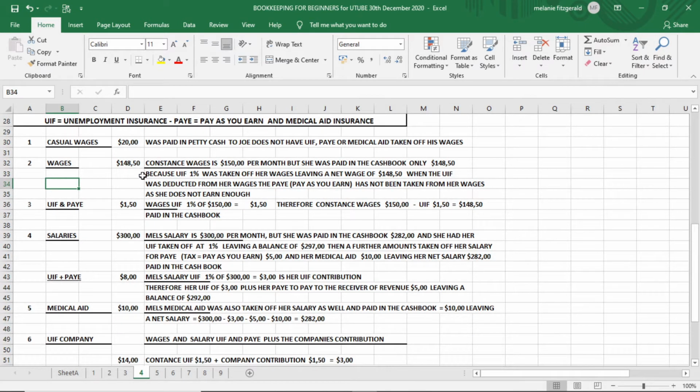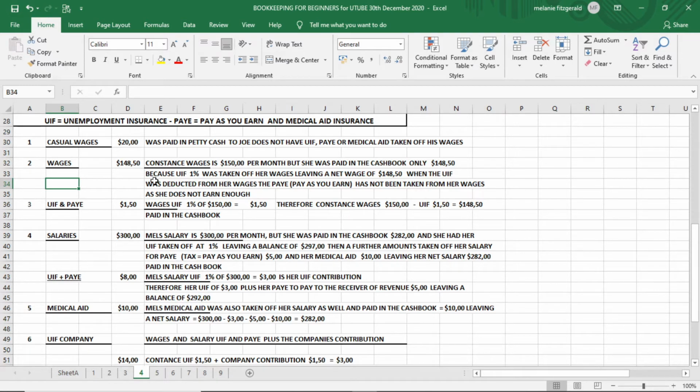All right, got it. Now, wages. Constance earned $150, but she didn't earn enough to pay pay as you earn. But we did take her UIF contribution. So Constance's wages is $150 per month, but she was paid in the cash book only $148.50, because UIF of 1% was taken off her wages. The pay as you earn has not been deducted from her wages, as I said earlier, because she doesn't earn enough.